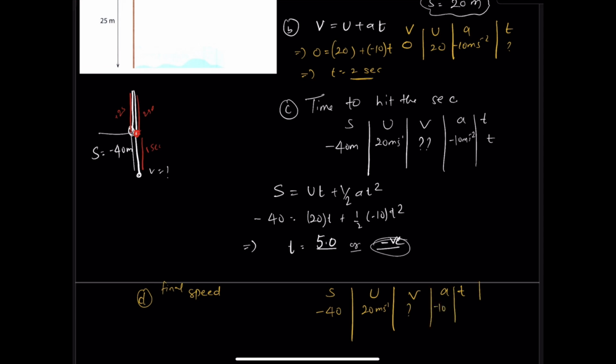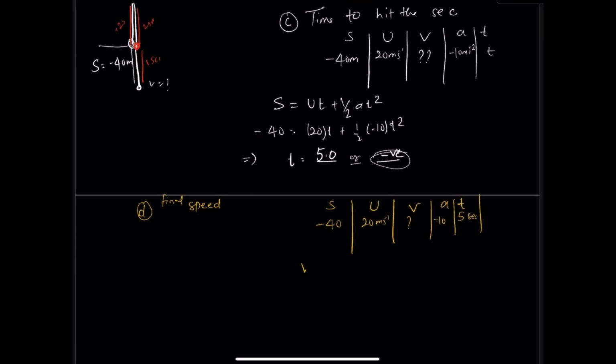I also know the total time is 5 seconds. So I can use any form. If I use V is equal to U plus AT, then the final speed turns out to be: initial speed is 20, acceleration is minus 10, make sure you use minus 10, and T is 5. So that's 20 minus 50, which turns out to be minus 30 meters per second.